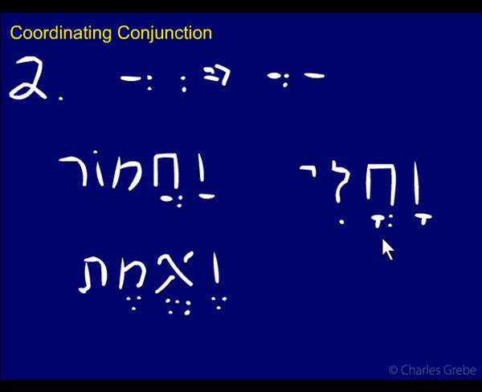So vo-choli, and sickness. So va-chamor ve'emet vo-choli. So you see three different ways that this can show up, with a patach, with a segol, with a kametz hatuf. But they all follow the second rule of Shava faithfully.